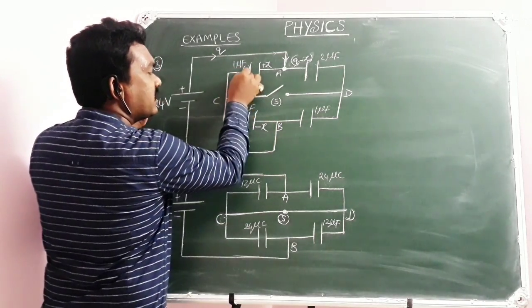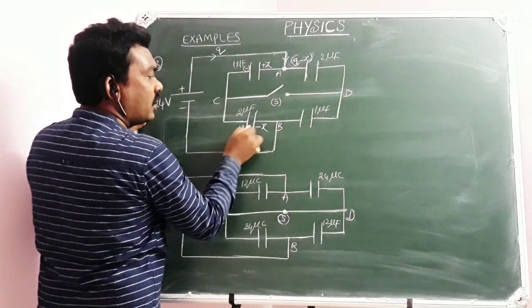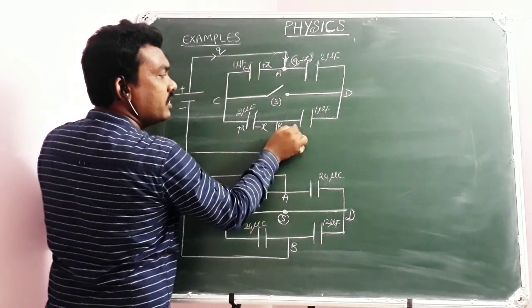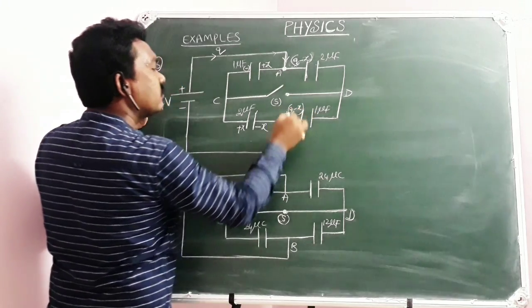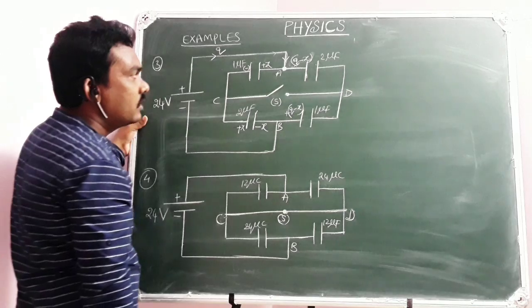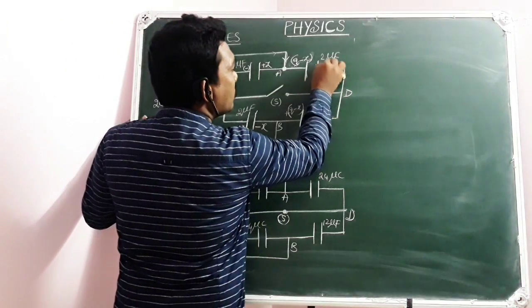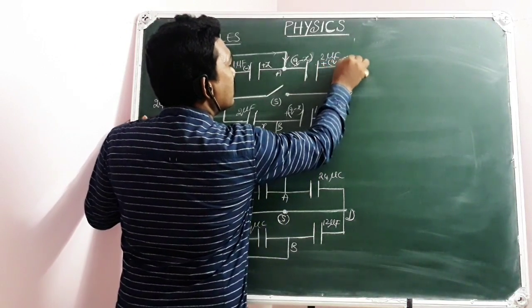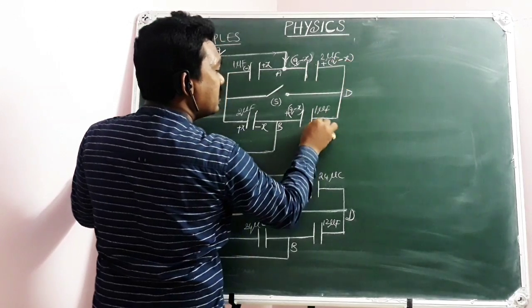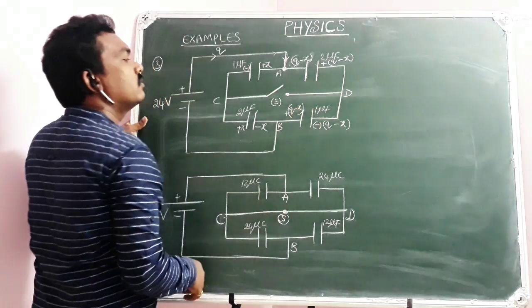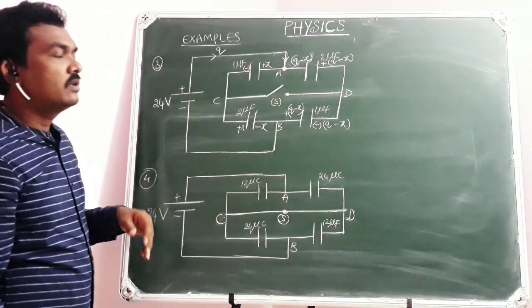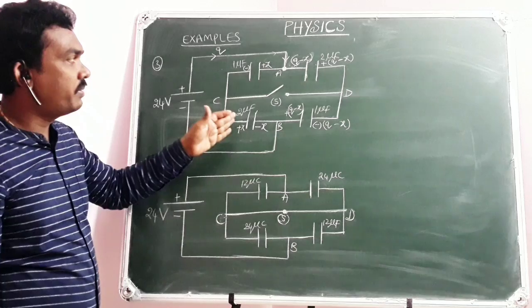So when this is minus X, this will be plus X, and automatically this will be minus X. So this will be plus Q minus X, and this is minus of Q minus X.